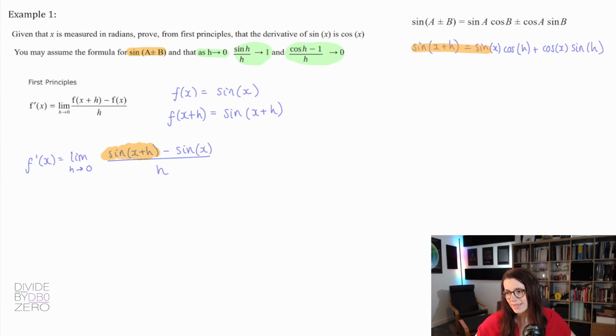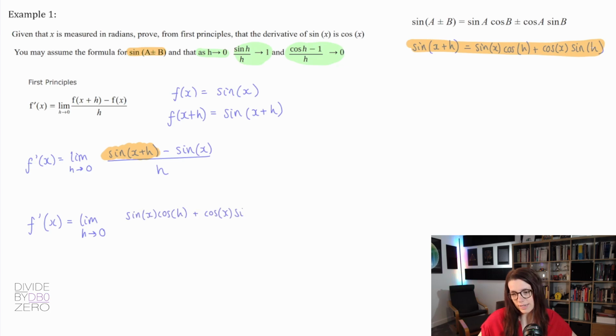We can then take this entire expression and substitute it into our first principles formula. So f dash x is the limit as h tends towards 0 of sine x cos h plus cos x sine h minus sine x all over h. And once again, that part just comes from the addition formula.